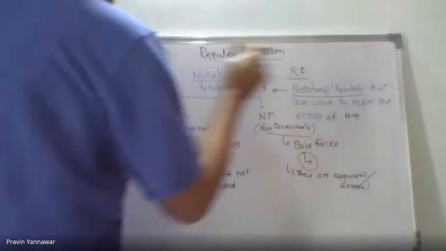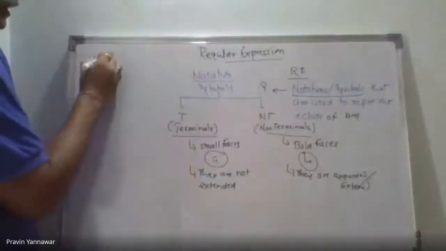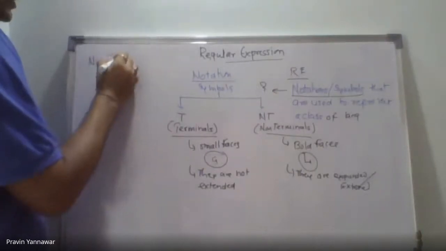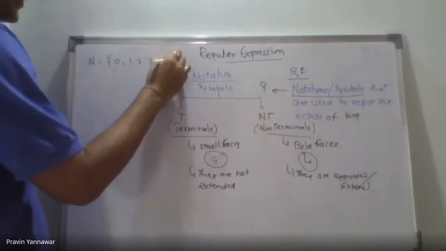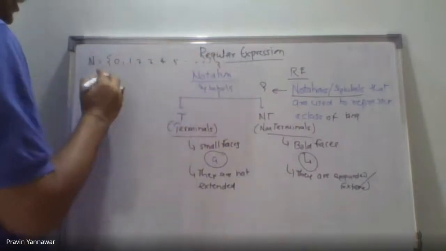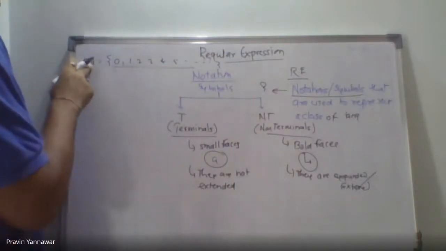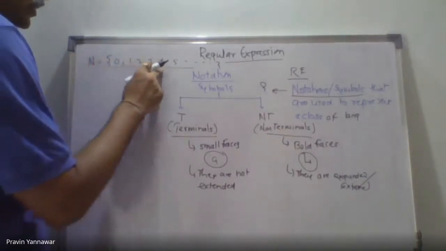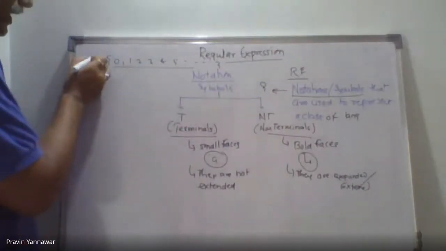Say, for example, you have the set of natural numbers. If N is a number, then N can be 0, 1, 2, 3, 4, 5, 6. But how is N written?